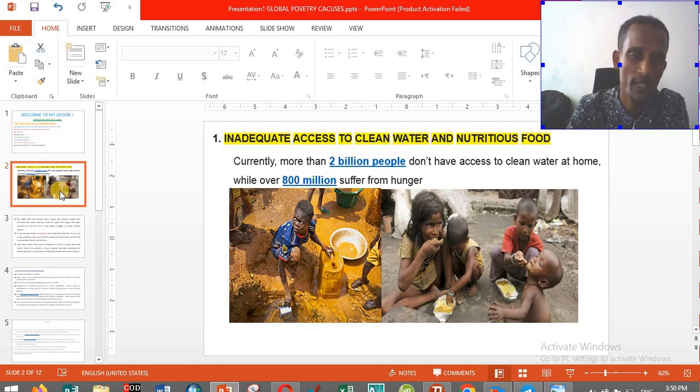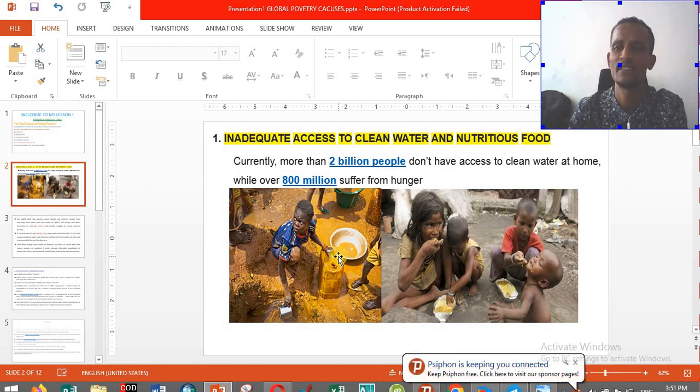As we have seen from this figure, look, she's fetching water. I don't know exactly if it is really water or not. You see how they suffer, how big a problem it is. She's fetching water, but it seems to be mud, full of mud. That's why inadequate access to clean water comes first among the 9 causes of global poverty.